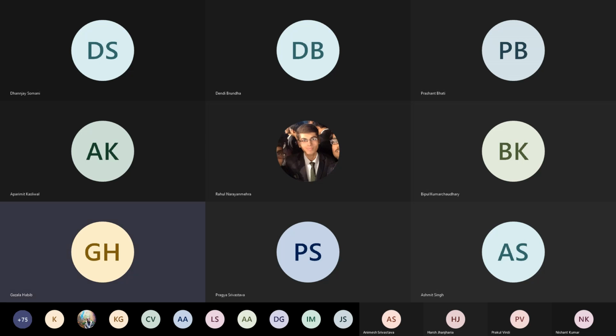Okay, we will start with what kind of wind pattern we see in India. Can anybody say, if you have any idea, how the wind pattern changes seasonally in India?